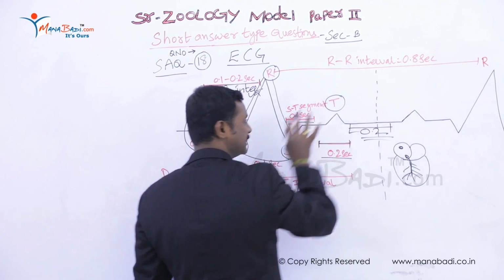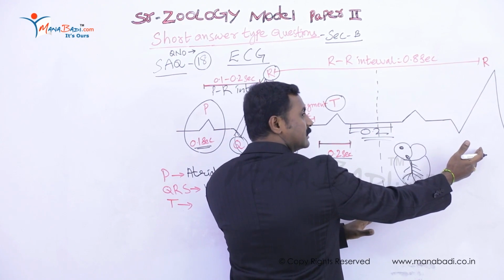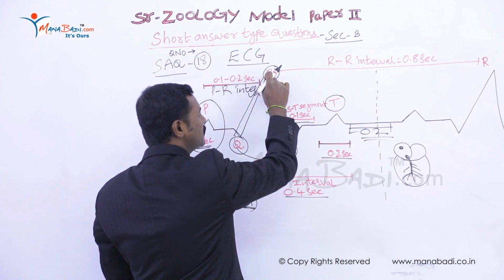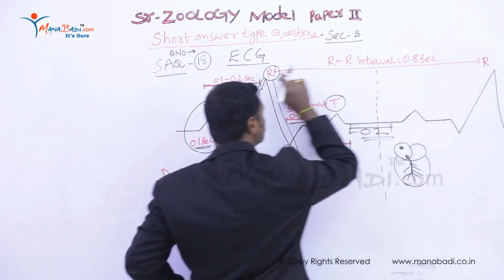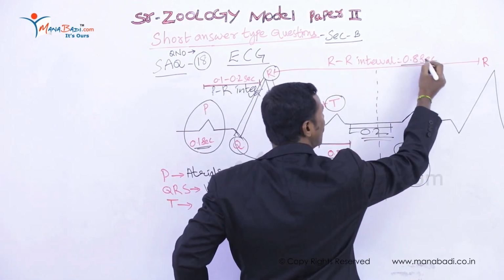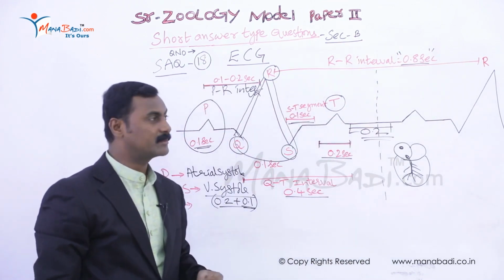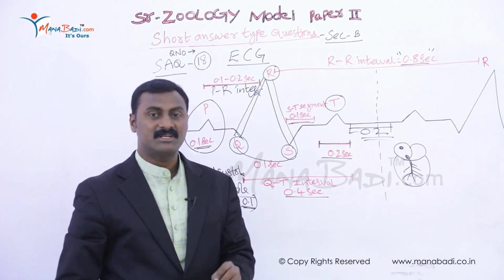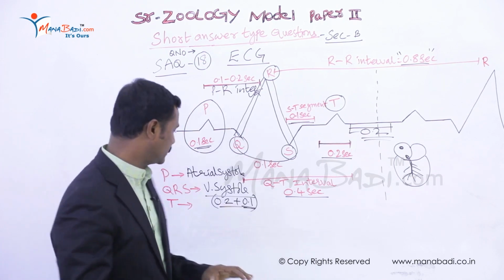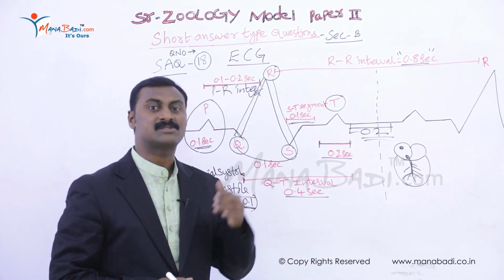Suppose you take two heartbeats. This is one heartbeat that we discussed now, and another heartbeat is there beside. If you take two heartbeats, what is the peak of the ECG? R. Here what is the peak? R. If you measure this time, it is 0.8 seconds. So in between we are also including the rest time. So generally we will say that a heartbeat will take 0.8 seconds. So like that you have to mention by putting the seconds of time, particularly for waves and also intervals.